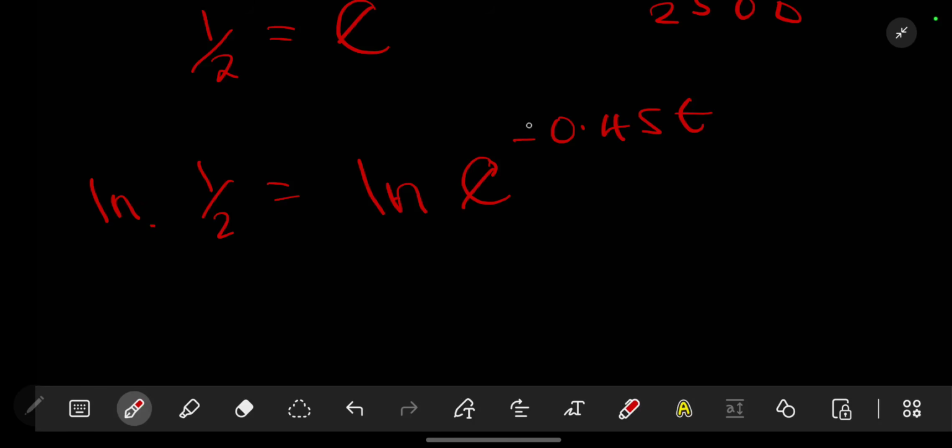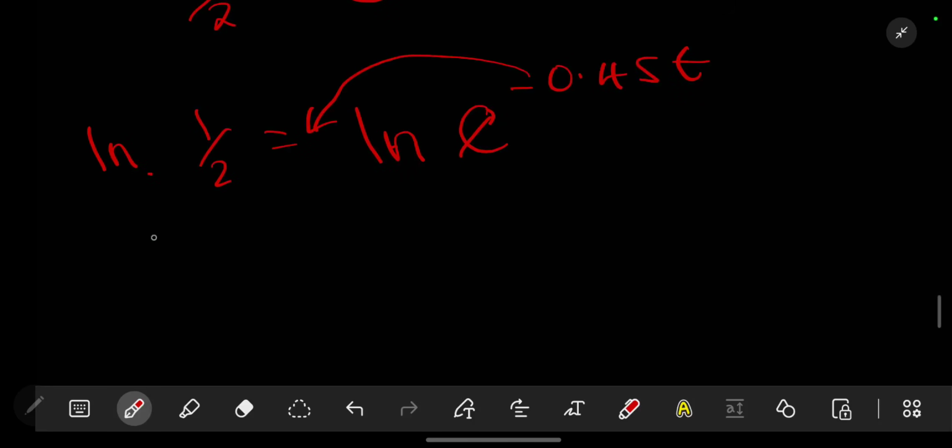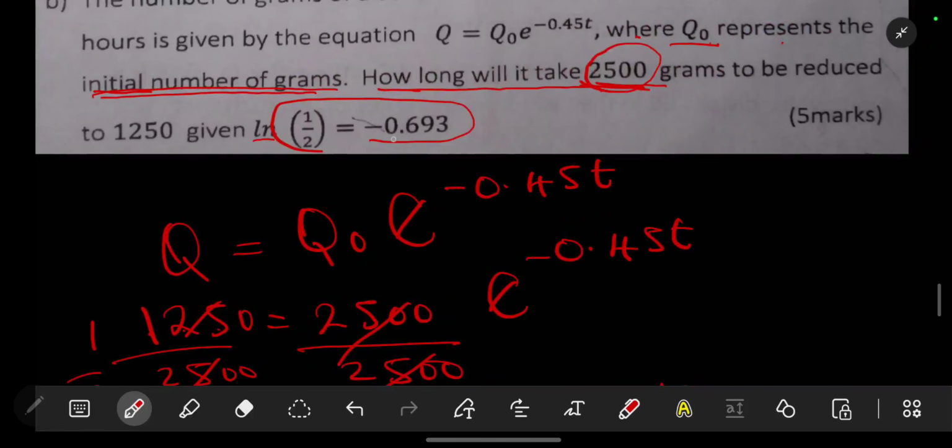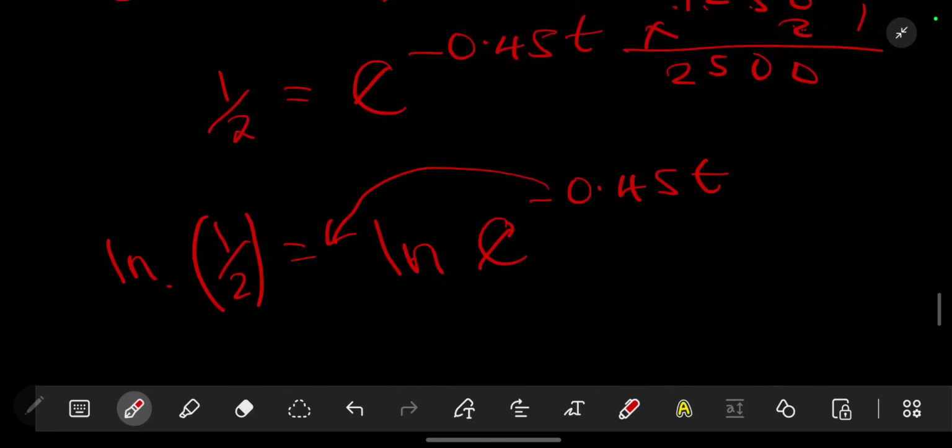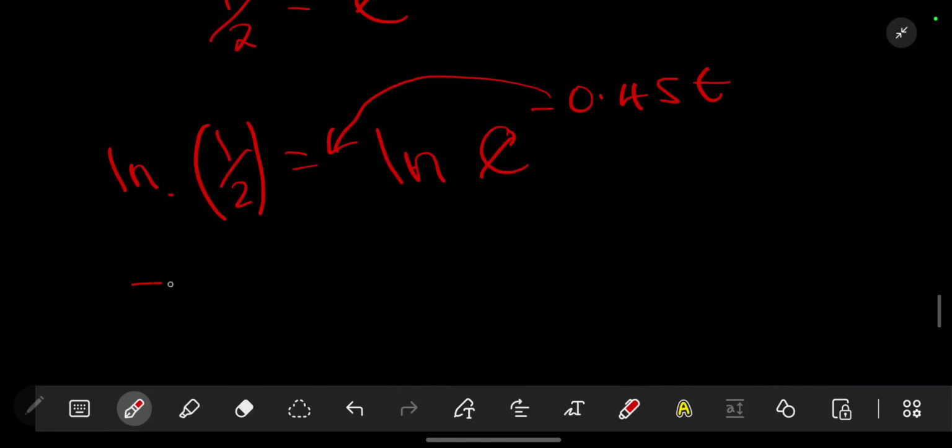Then according to the rules of logs, if you have the power, it will drop like that. So this will give us, and we are told that the ln of half is negative 0.693.